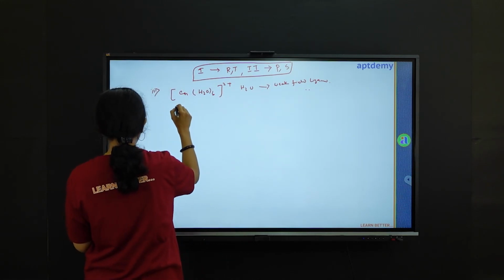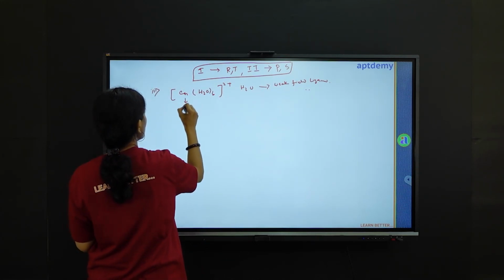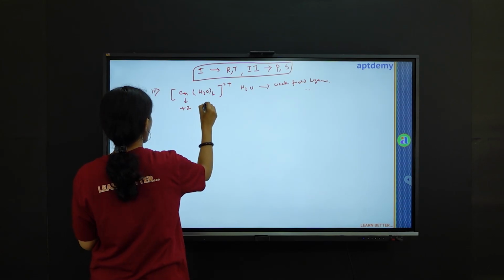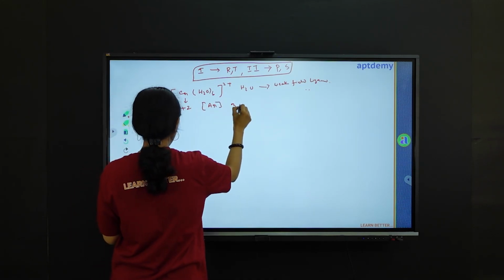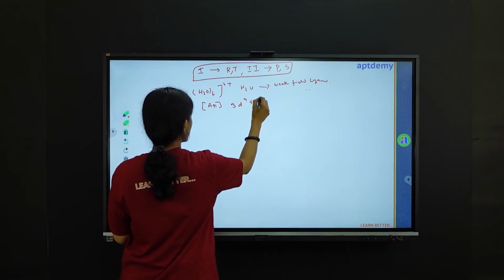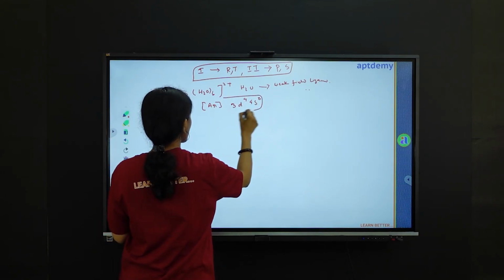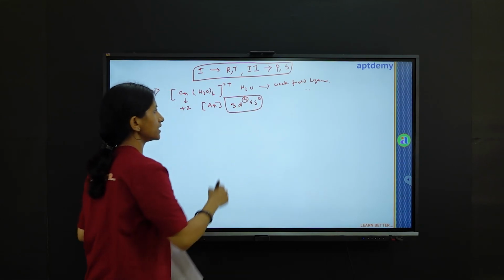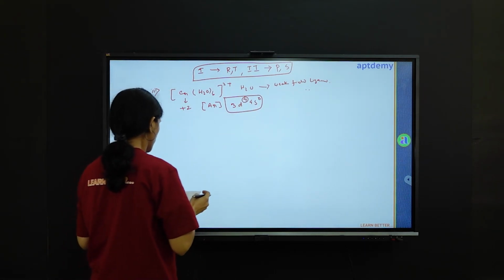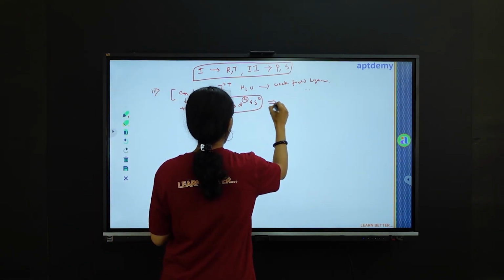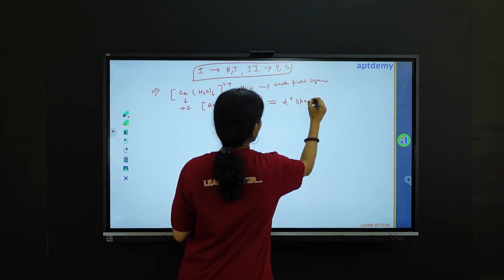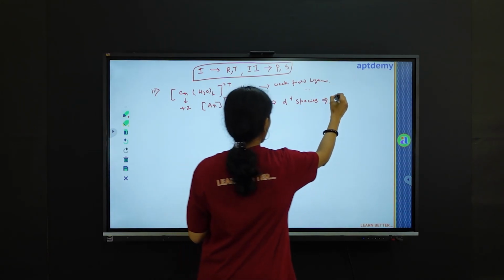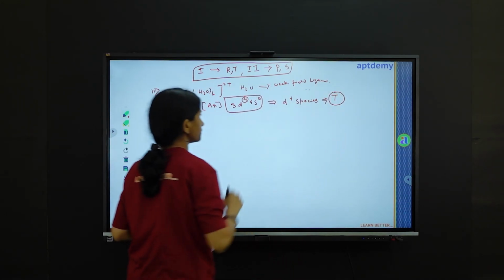So the oxidation number of chromium here is +2, and the electronic configuration is argon 3d4 4s0. Here your d orbital contains 4 electrons, so it can be called a d4 species, which is again similar to the property presented in T, right?